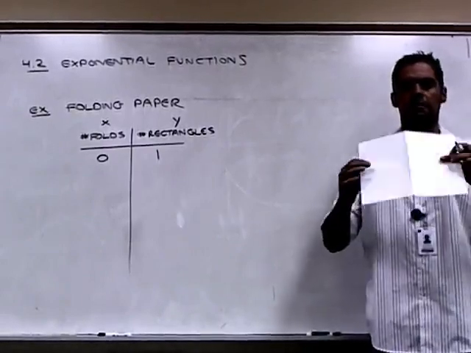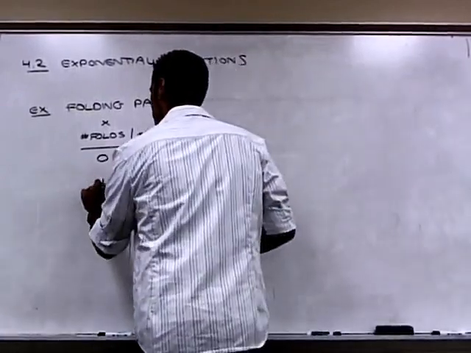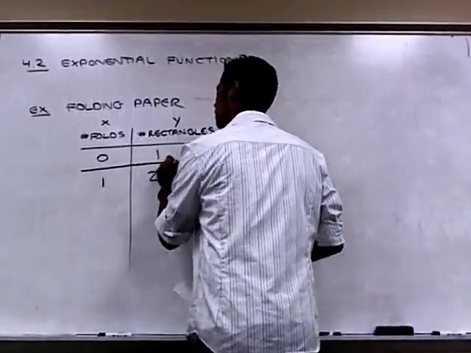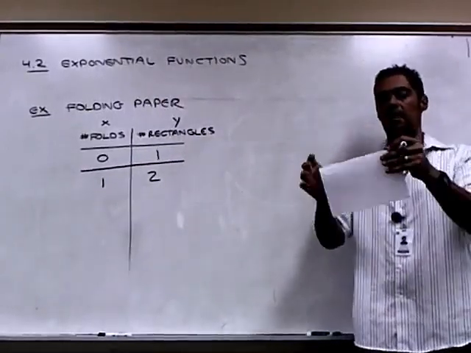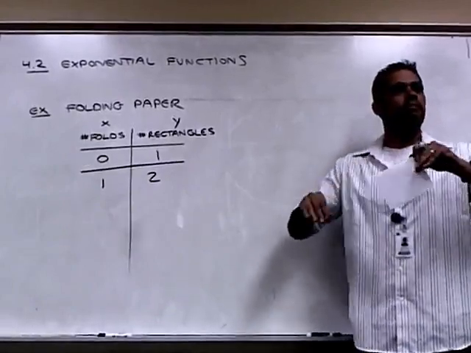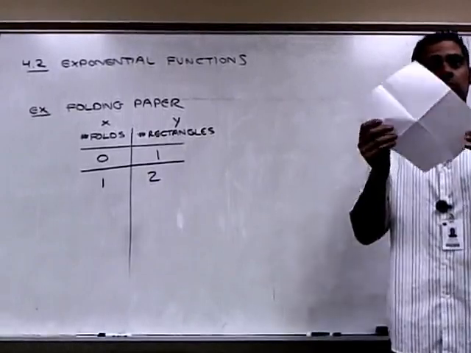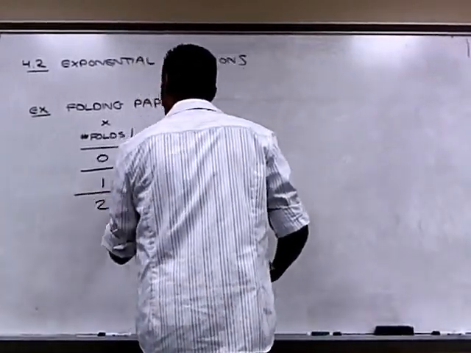Should see 2, right? So if I fold it 1 time, I get 2. Now if I take it and fold that again, I get 4 rectangles. So 2 folds gives me 4.